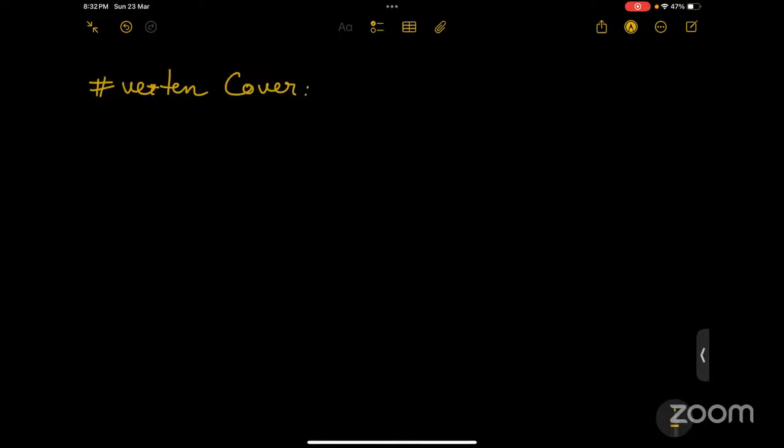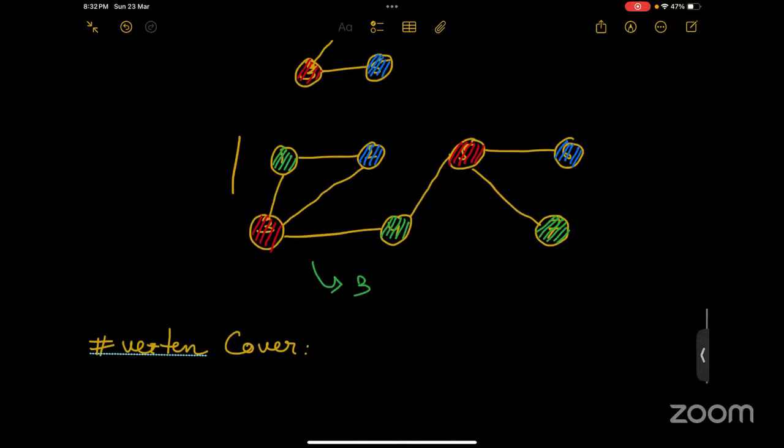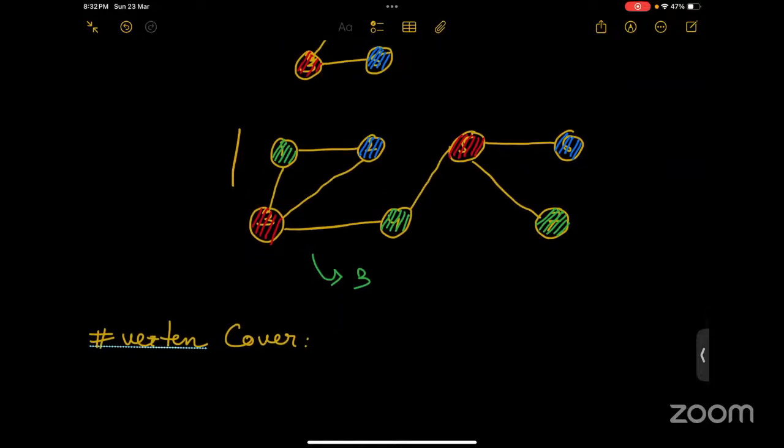But why do we color? What is the need of coloring? Okay, so suppose you have a geographical graph, and you want to color the graph. Suppose we have the graph of India, so you have to put a color on each state.